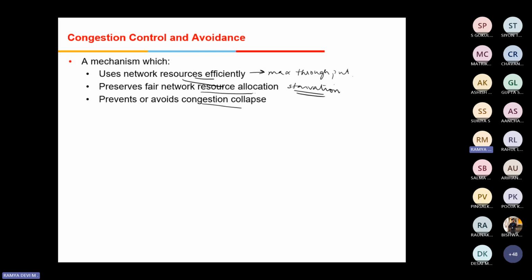So congestion control and avoidance must balance efficiency, to use the resources properly for maximum throughput; fairness, to prevent starvation; and stability, to avoid congestion collapse.